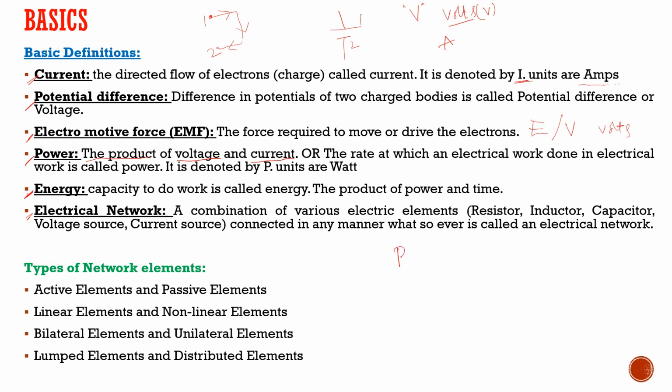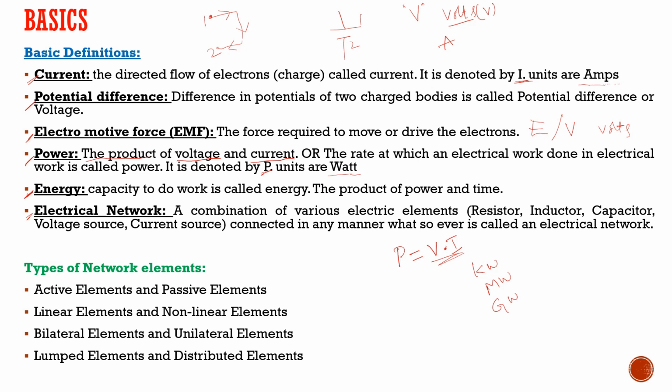Power will be denoted by letter P. So P is equal to V dot I. Dot is nothing but product. So power is simply the product of voltage and current. We have different definitions also, but the simple definition is the product of voltage into current. This power is denoted by P and units are watts. Okay, so watts, kilowatts, megawatts, gigawatts, like this. So that is about the fourth terminology.